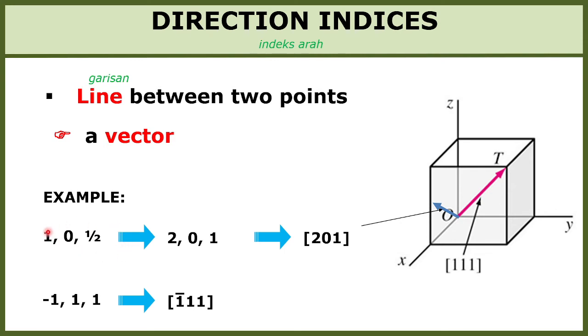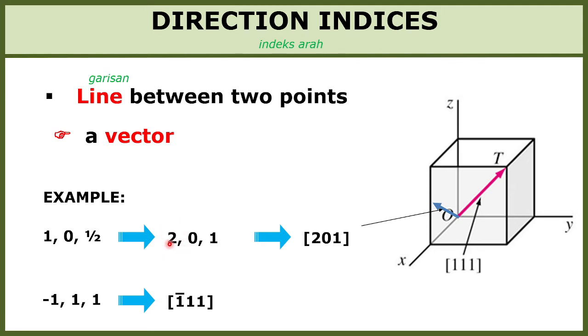But when you get a value below 1, you need to adjust to the smallest integer values. So for this one, you need to multiply by 2 to make sure that all are integers.